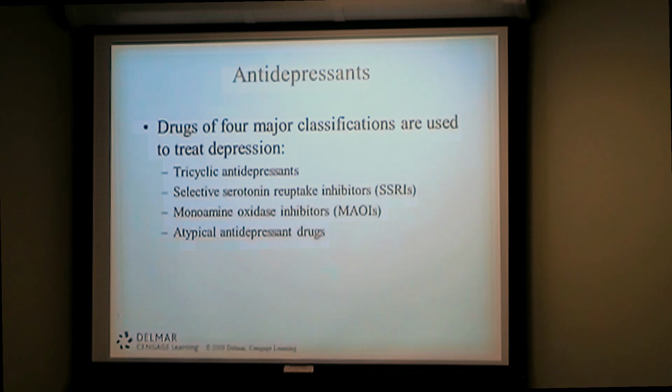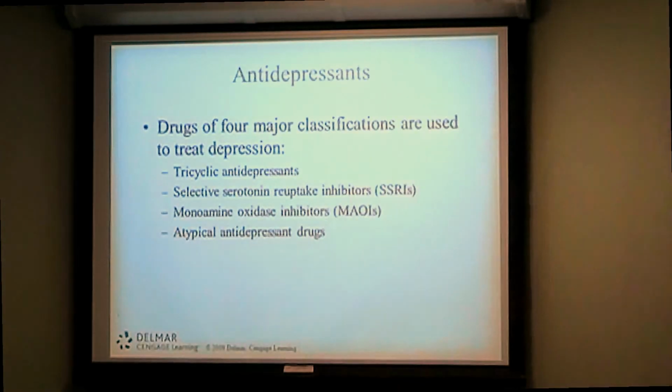We'll talk about that because we're affecting multiple neurotransmitters with that. And just like when we hit multiple receptors, we get multiple side effects. So a ton of side effects associated with that. And then atypical antidepressant drugs, we'll be going over those as well. And I think that's a good place to stop the video.